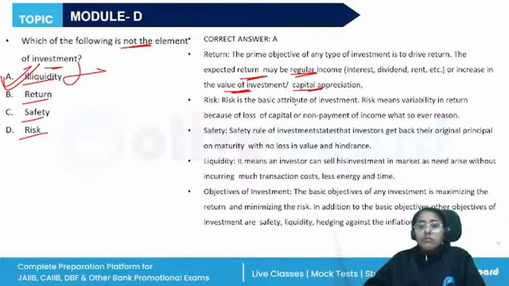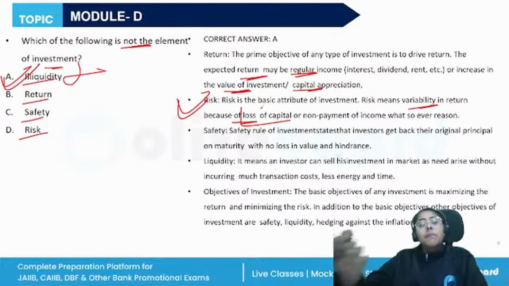And again, depending upon the nature of the investment, whether it is risky, less risky, or non risky, it can be a deciding factor for the return. Then risk refers to the variability in return because of the loss of capital. In general, we say the more risky an investment, the more the expected returns.